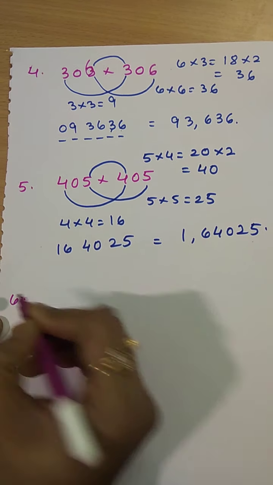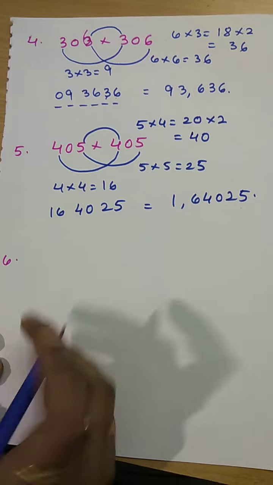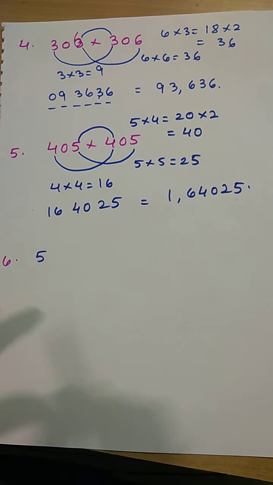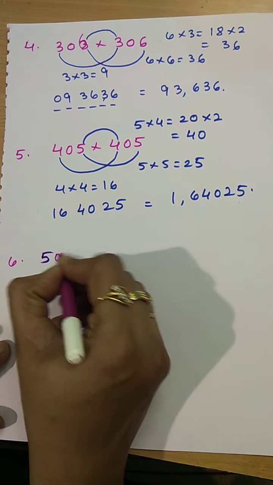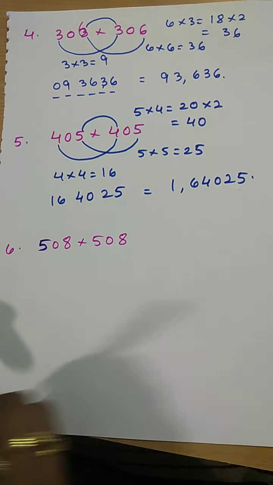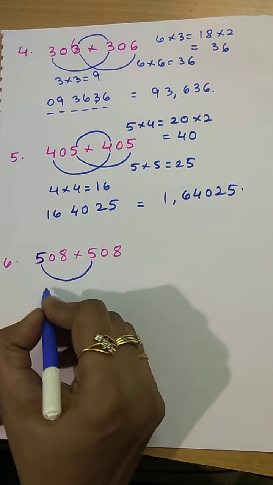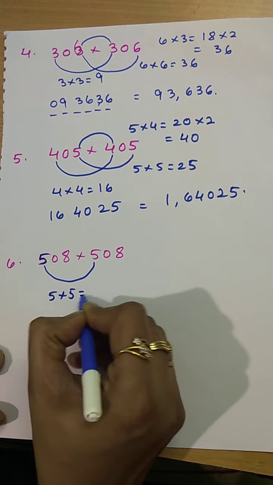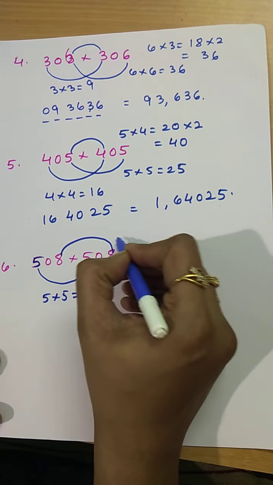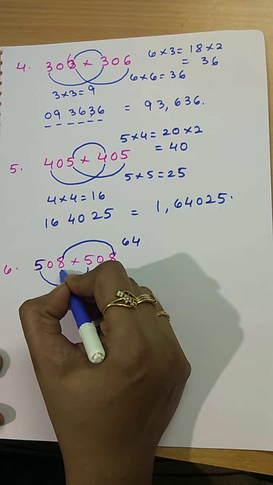Sixth problem: 508 into 508. 5 into 5 is 25. 8 into 8 is 64.